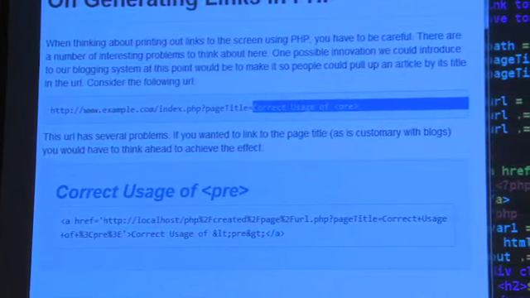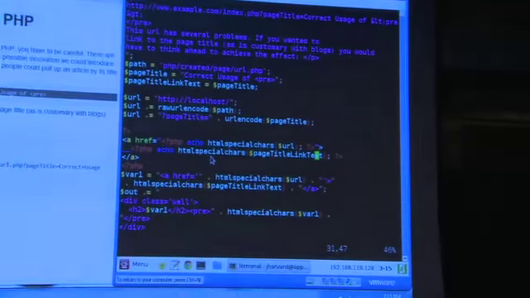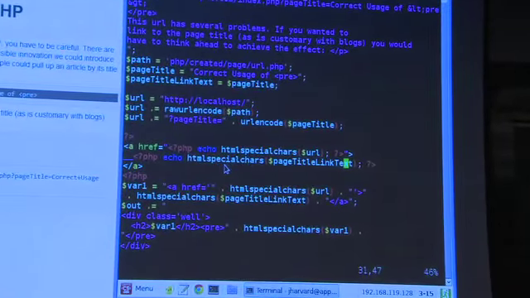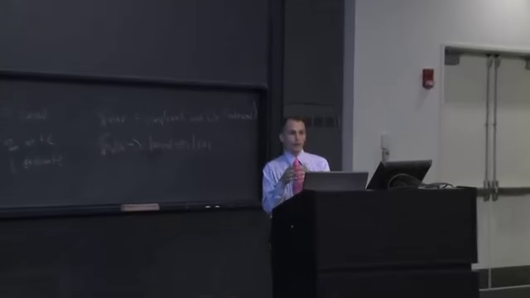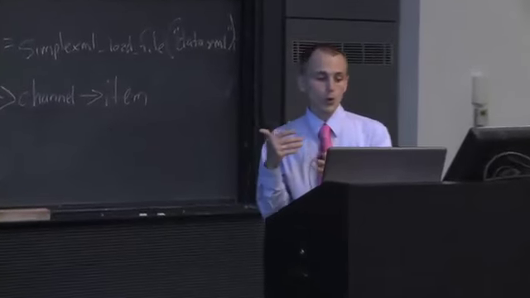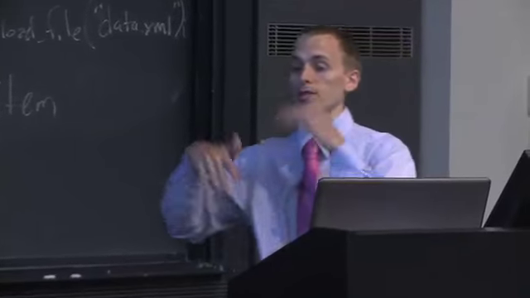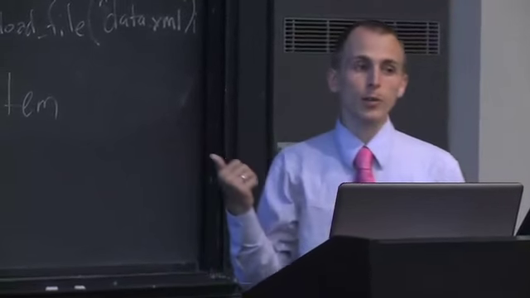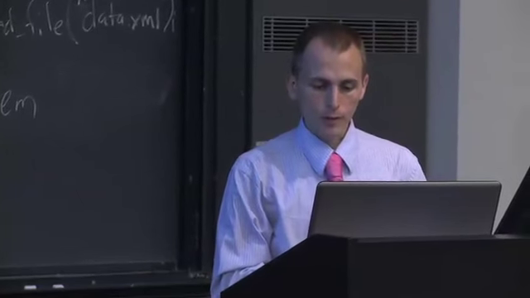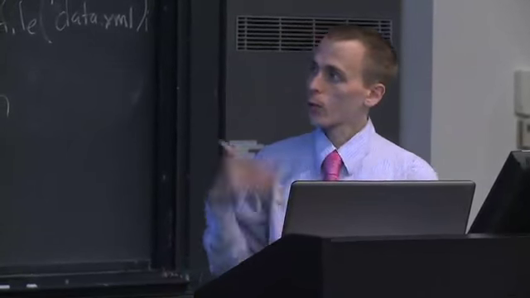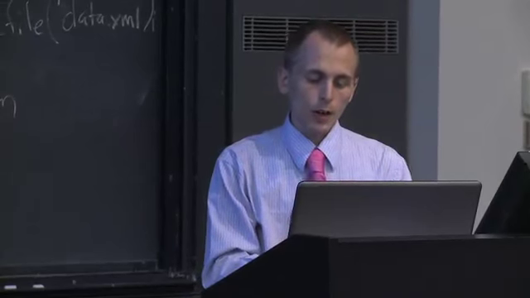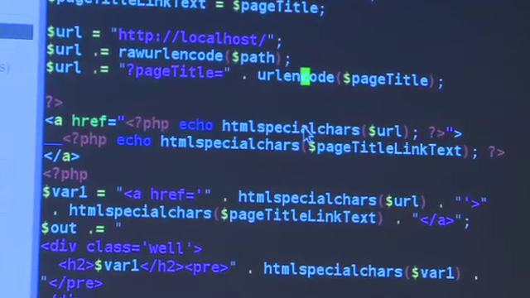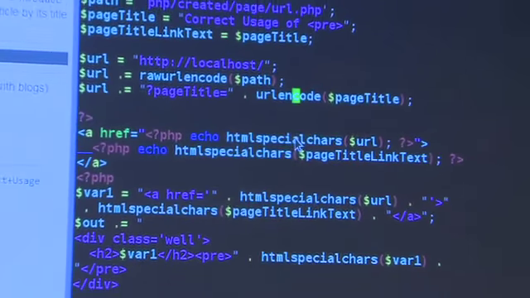And you want to make sure that somebody doesn't take advantage of that functionality to dynamically insert a link into your page that includes a script tag that could house some JavaScript that could steal some information and send it away to somebody else, which is a security concern. So basically, whenever you're echoing something out to the screen, you want to use htmlspecialchars. And you want to use urlencode for your parameters.